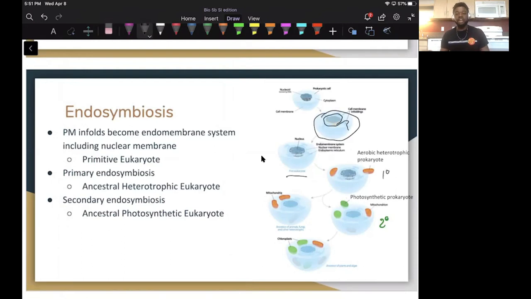Then moving on, eventually, not the same exact cell, because it's not like this same cell took up a mitochondria and then a chloroplast, but over evolutionary time, through secondary endosymbiosis, a chloroplast or photosynthetic prokaryote gets engulfed by another eukaryote, leading to ancestral photosynthetic eukaryotes. That's the main idea with endosymbiosis.